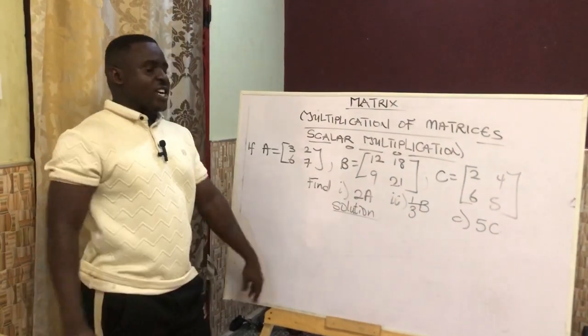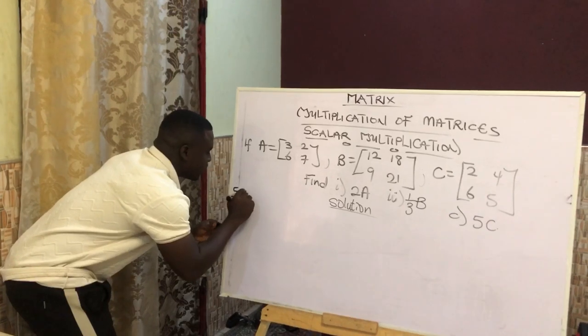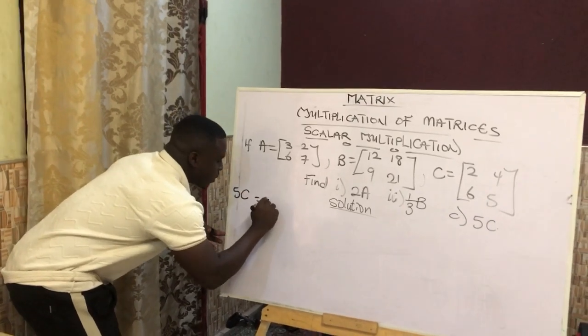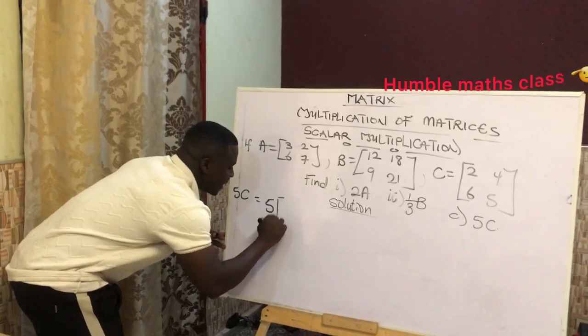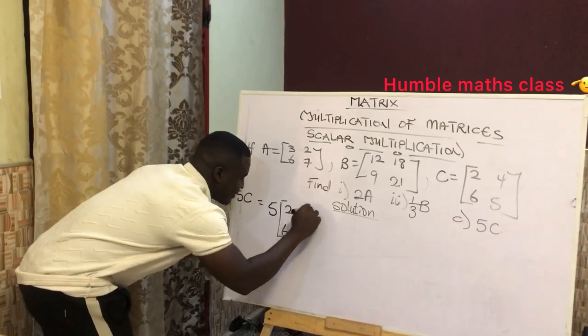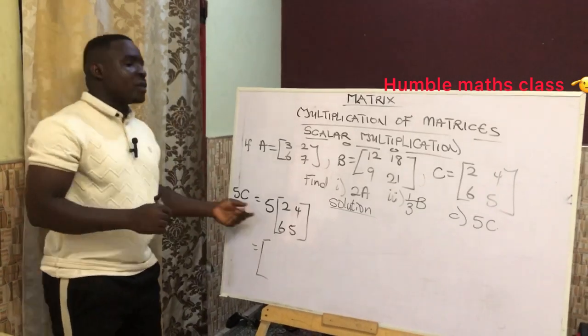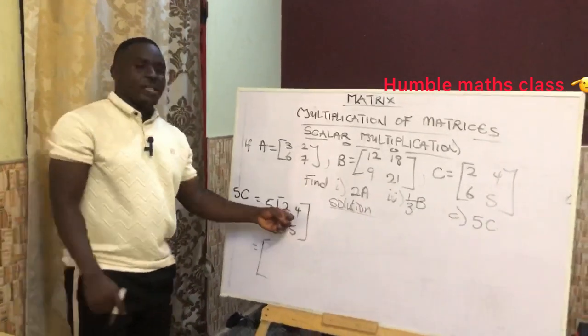Okay, so now let's try and solve the third one. That's 5 multiplying the matrix C. So we have 5 multiplying the matrix C, 2, 4, 6, and 5. As usual, the scalar will multiply each element in the matrix.